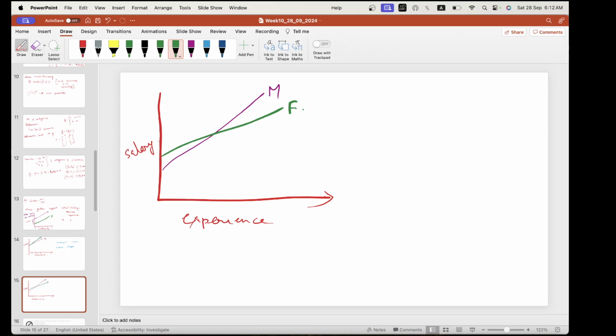In such cases, we see that both slopes and intercepts differ.